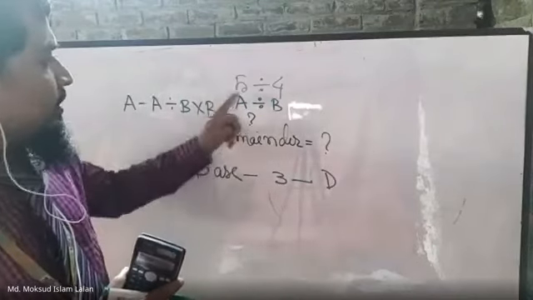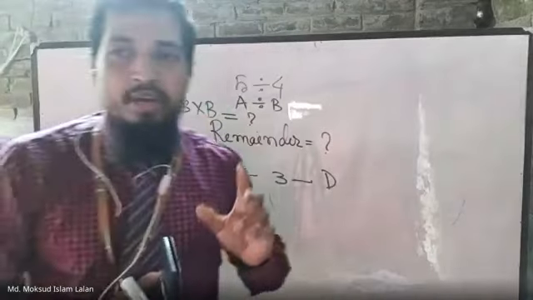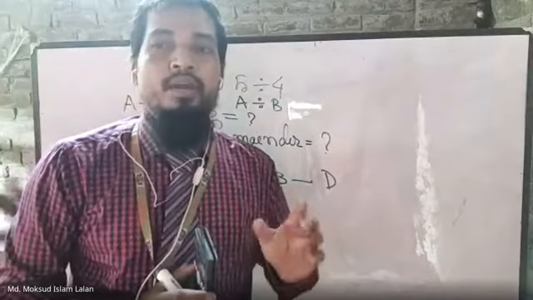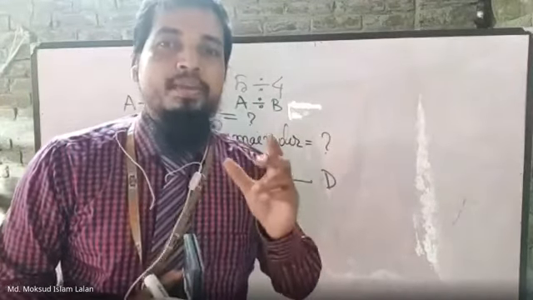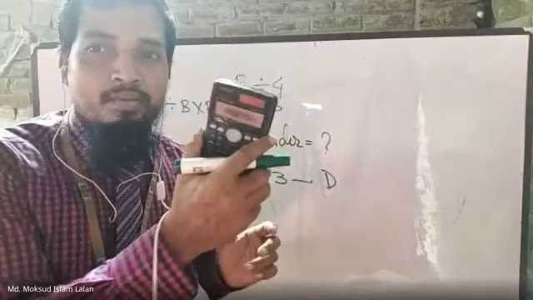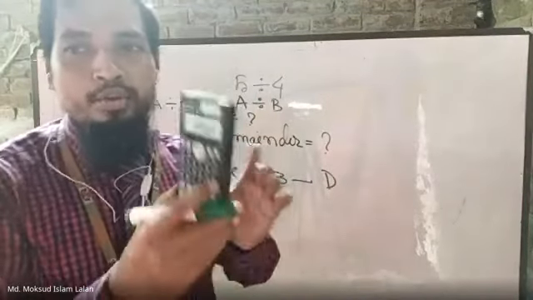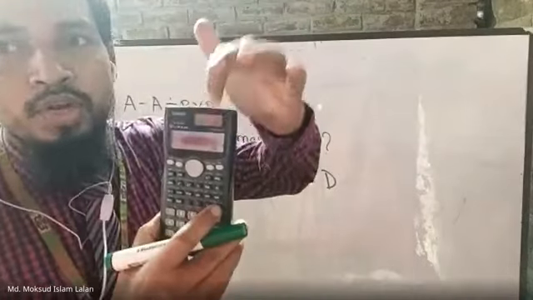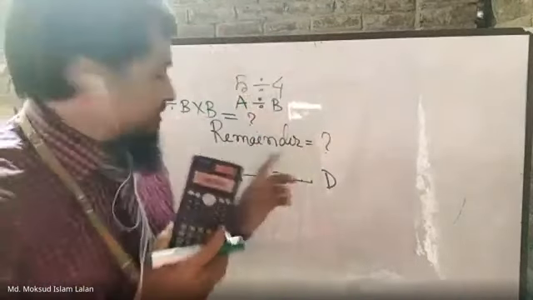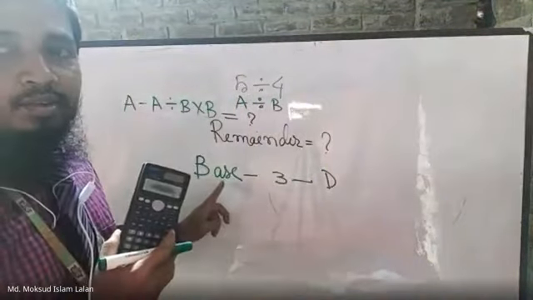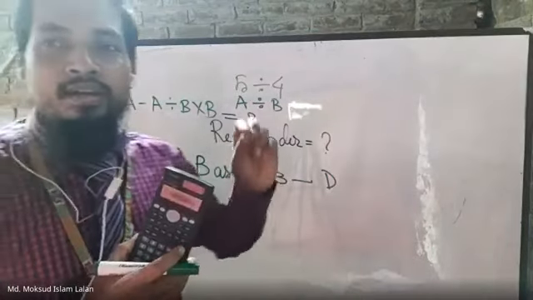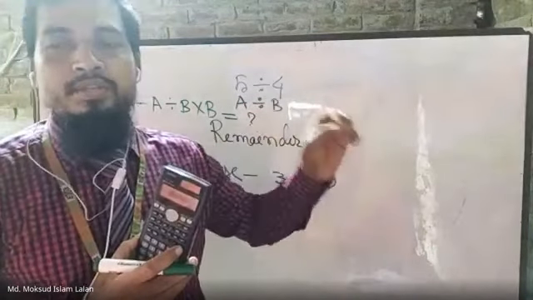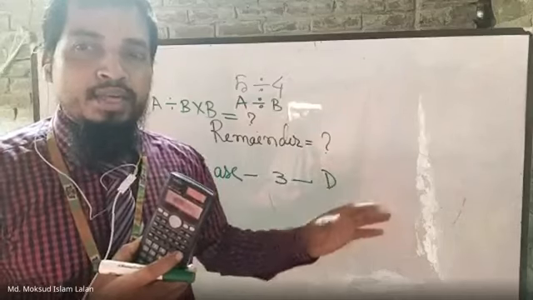So at the beginning, to find out the remainder using a calculator, you need to convert your calculator mode from degree to base. With the help of base, you can convert decimal to binary, binary to decimal, and so on. Do you understand?